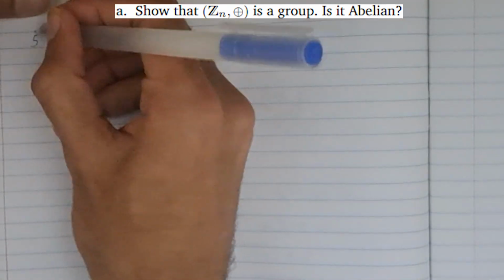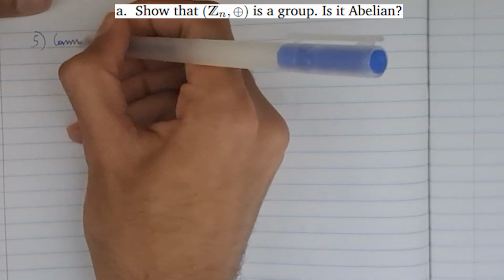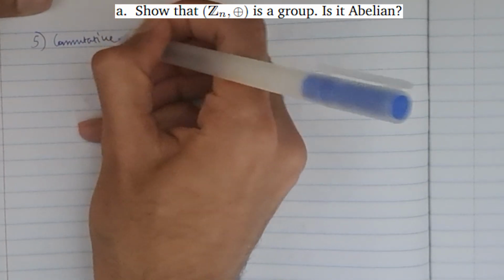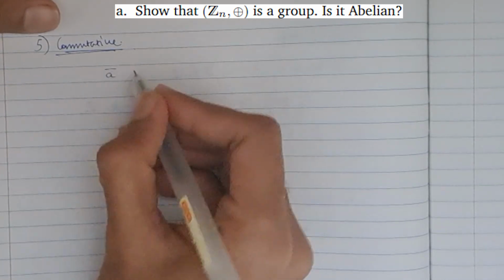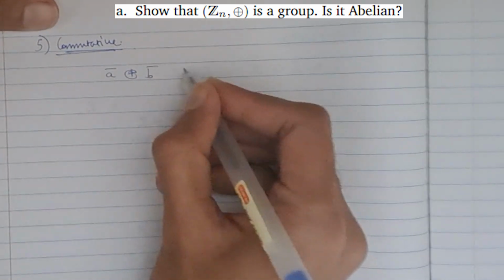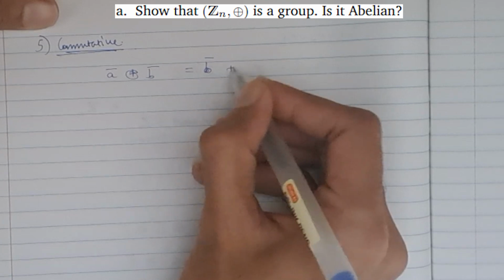Let's now try to prove that this is also abelian. So for an abelian group, we have the last property, which is if this is commutative. We just need to prove that this is the same.